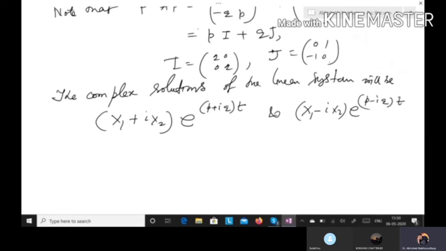That is, x1 e to the power lambda 1 t is a trial solution, where x1 is an eigenvector corresponding to the eigenvalue lambda 1 of the matrix A.